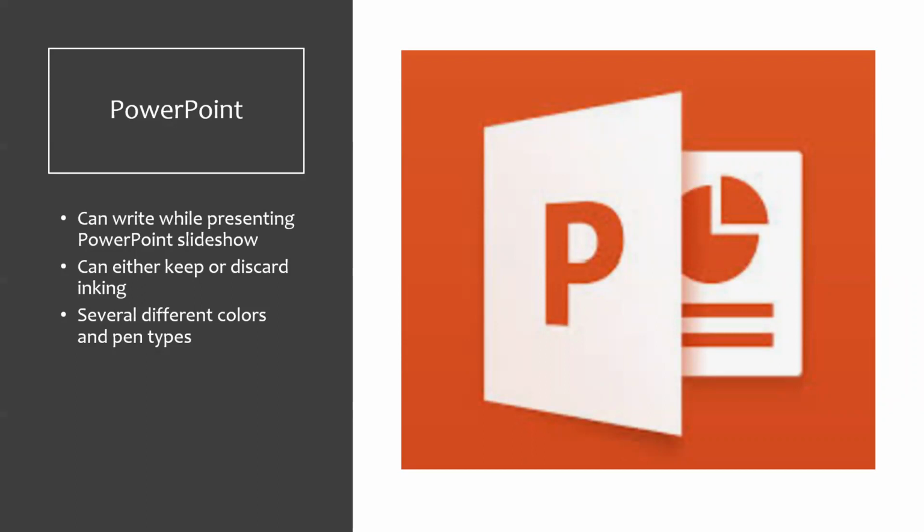But sometimes if this is a PowerPoint that I want to provide a copy of to my students, and I want all of my notations to be kept on there, then I'm going to keep the inking. And so you have the option of being able to do that. You can either keep or discard your inking. And again, as you guys saw, there's several different colors and a lot of different pen types that are available.